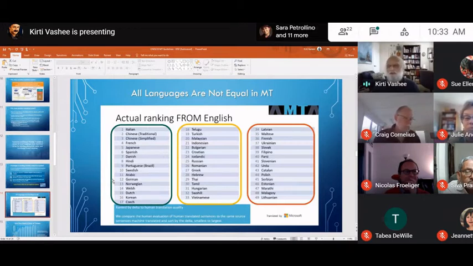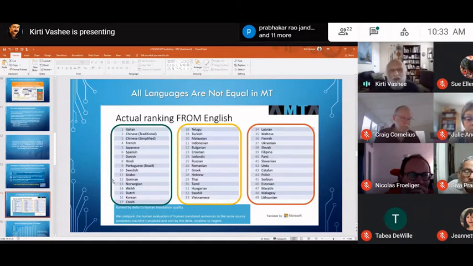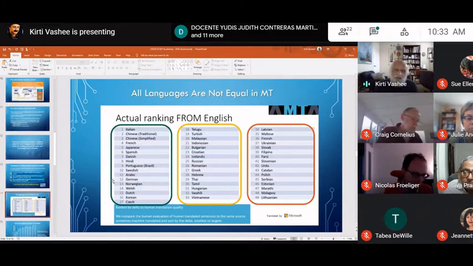So, assuming that English is a very dominant source in the digital world, because so much knowledge is concentrated there, we see this ranking shared by the Microsoft MT team that shows which languages do best when you translate from English to the target language.